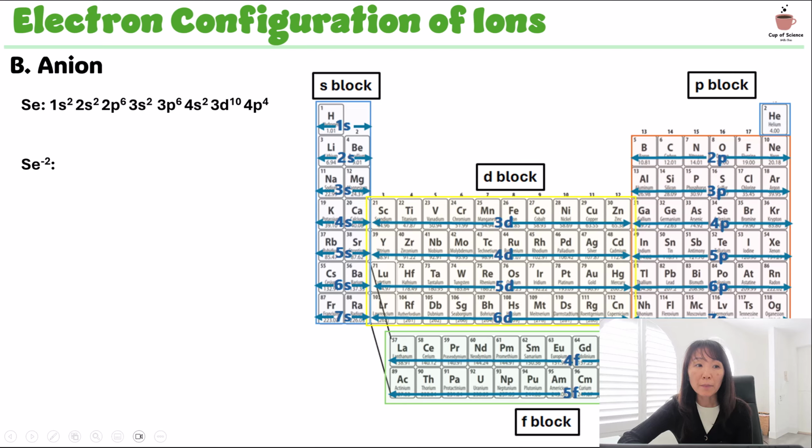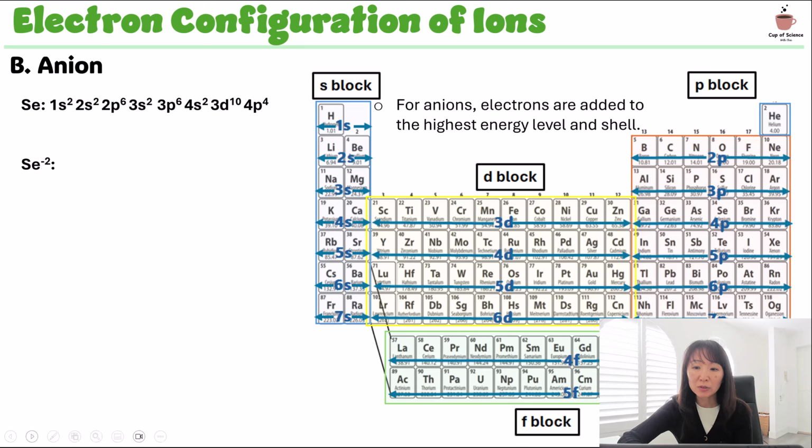Now, selenium 2-, not 2+ but 2- this time, means we're going to add 2 electrons. Where do we add the 2 electrons? We're going to add them to the highest energy level. Just like you took them out from the highest energy level, you're going to put them into the highest energy level. Here, the highest energy level is 4s2 and the 4p4.